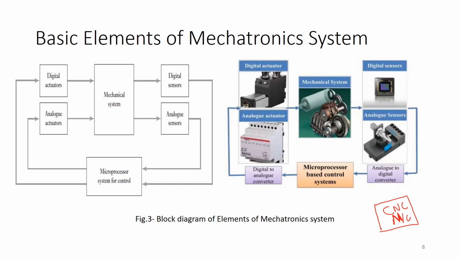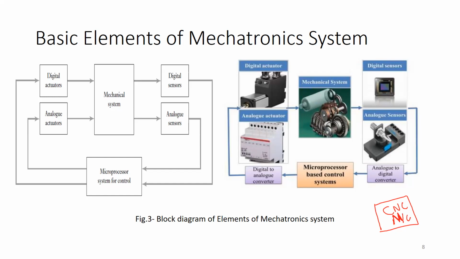Once it has reached its position which the user has defined, now I will signal the actuator to cut off the supply. That means the electrical supply to the actuator will be cut off and no more movement of the motor will happen. This is how the mechanical system would be controlled.